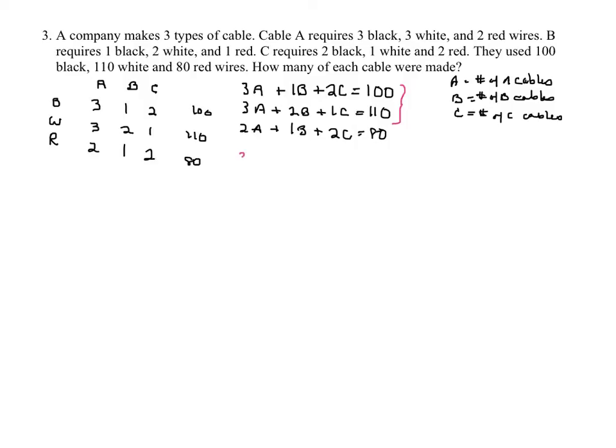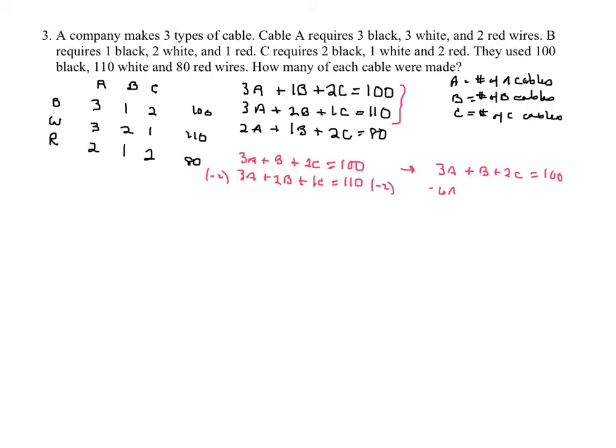So I will get 3A plus B plus 2C equals 100. 3A plus 2B plus 1C equals 110. I know it's crazy that I'm canceling the C's, but I'm just doing it anyway. I'm going to multiply the second equation by -2. So I'll get 3A plus B plus 2C equals 100.